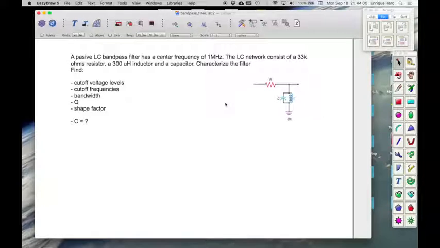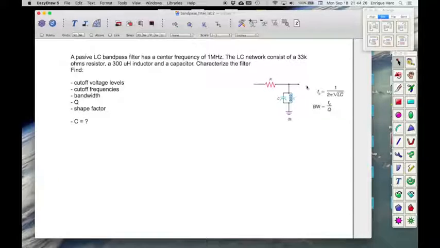In order to do that, we're going to use this formula. This is valid for an LC network, where the frequency is equal to 1 over 2 times pi times the square root of LC.